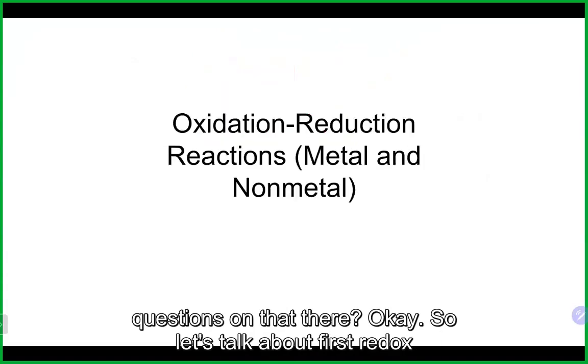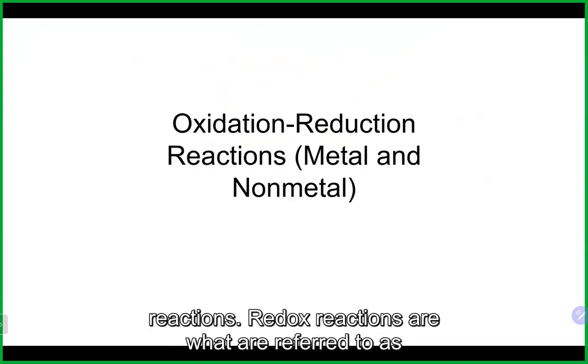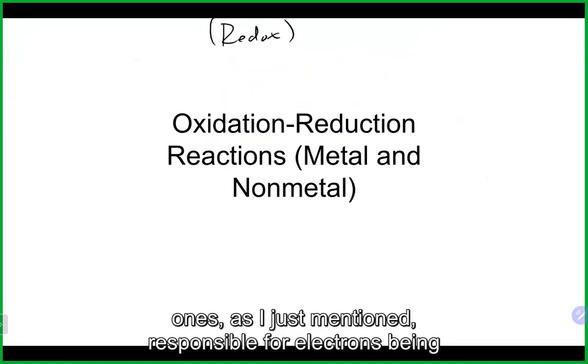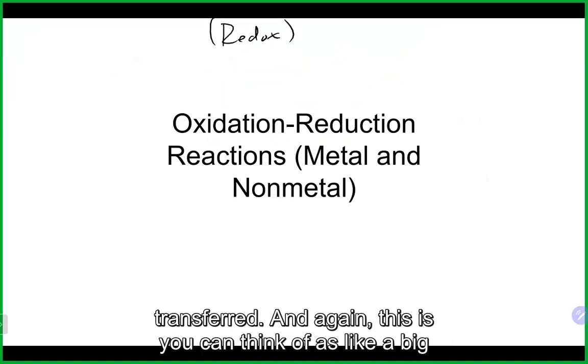Okay. So let's talk about redox reactions first. Redox reactions are what are referred to as oxidation and reduction reactions. They are, as I just mentioned, responsible for electrons being transferred.